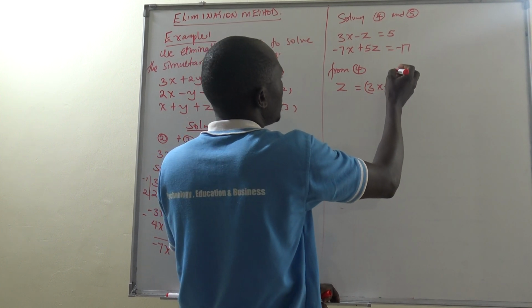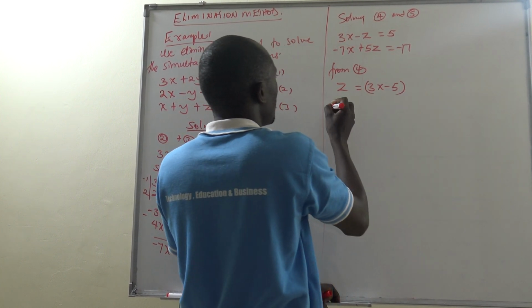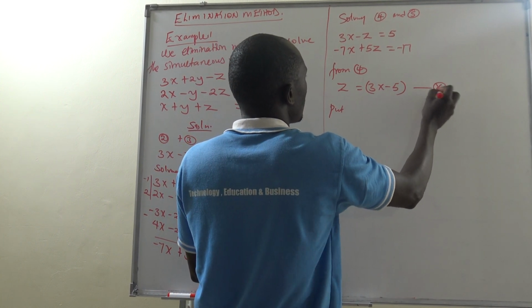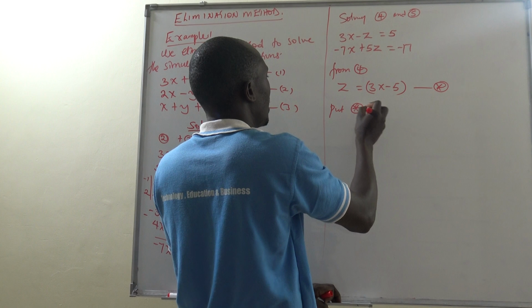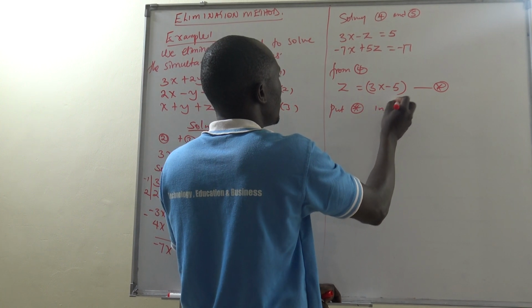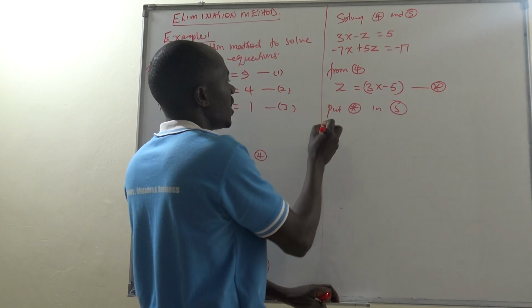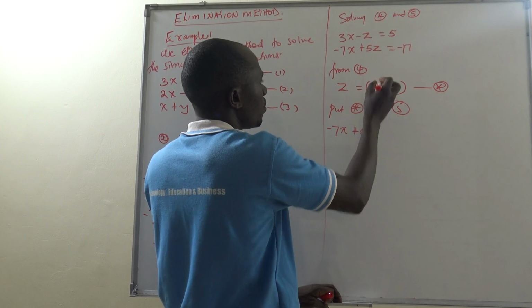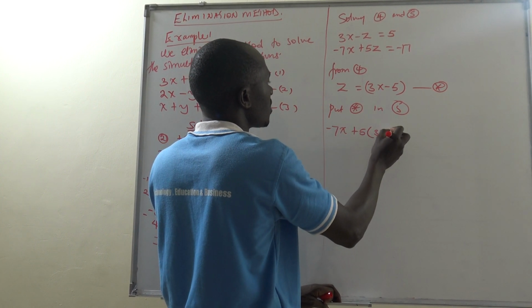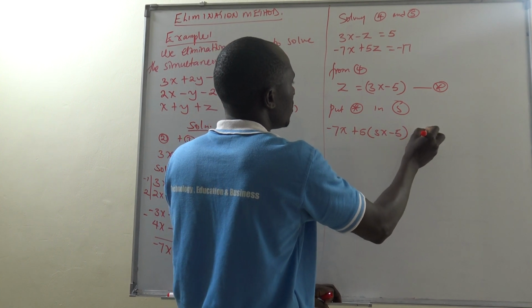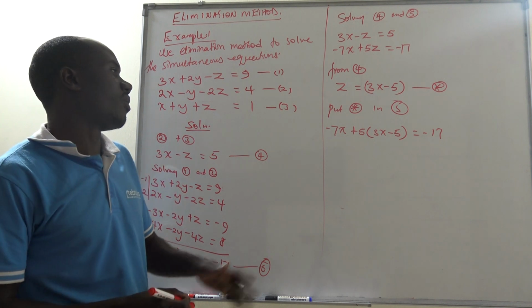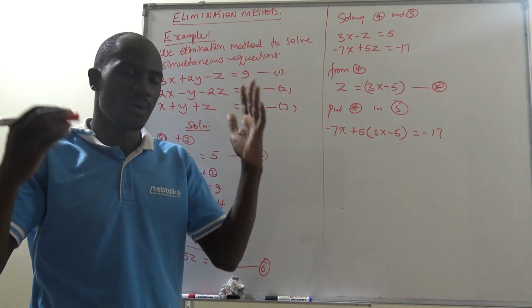Substitute it in equation 5. I can call this one star. Put equation star in 5. Equation 5 was saying negative 7x plus 5 into 3x minus 5 equals negative 17. You can see it is now in terms of x.